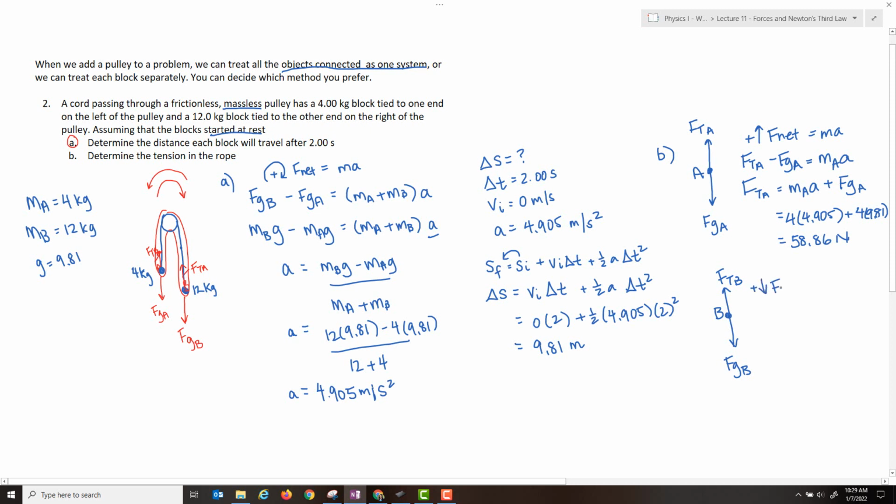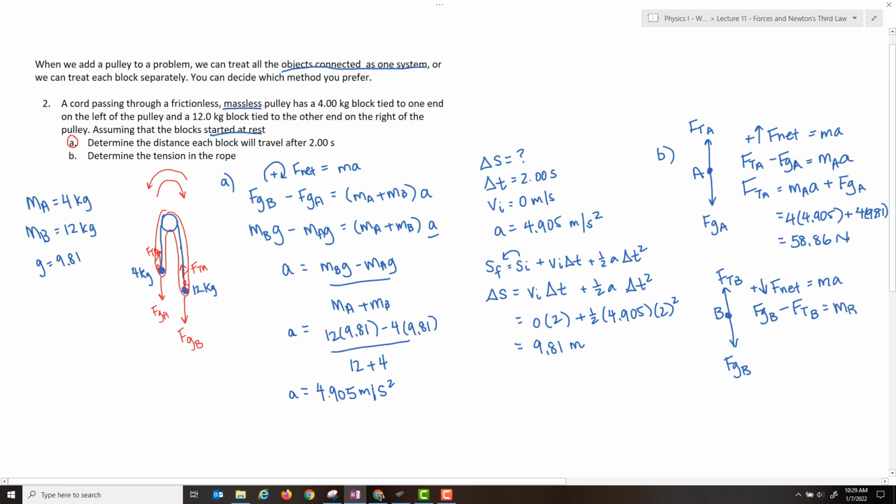And I'll write F net equals MA, but I'm talking about object B. So F net for object B would be FGB is positive minus tension, which would be the negative direction because we said down is the positive direction. I always like choosing the positive direction to be the direction it's actually moving.